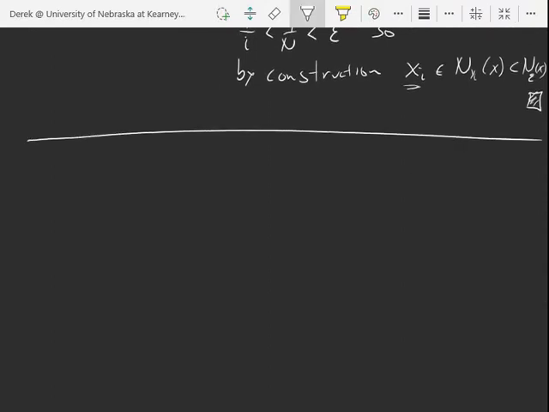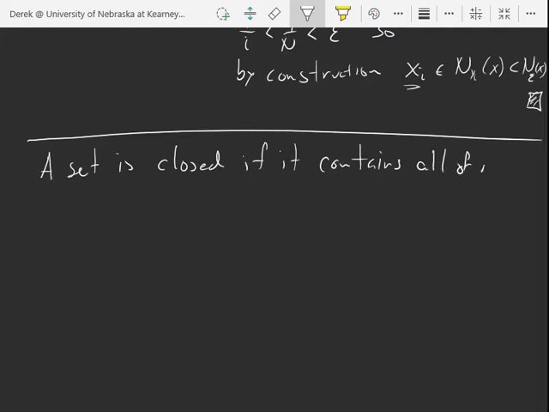Let's look at some closed sets now and see what is meant by closure and how we close a set if it's not closed. So a set is closed if it contains all of its limit points.